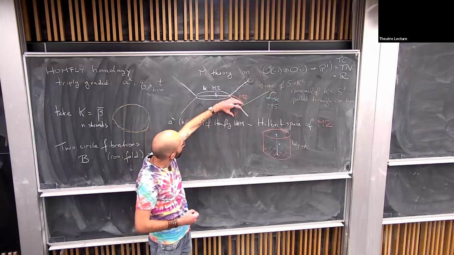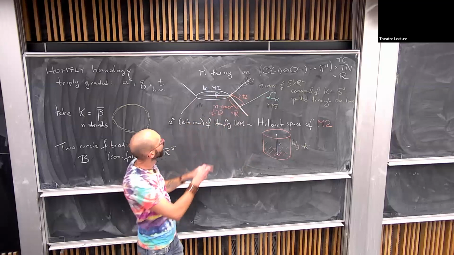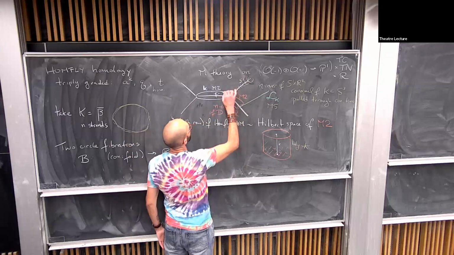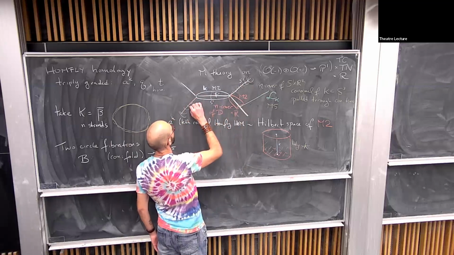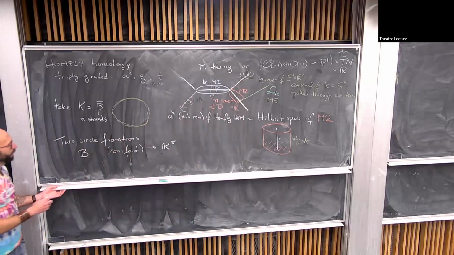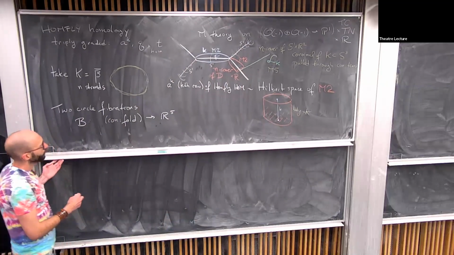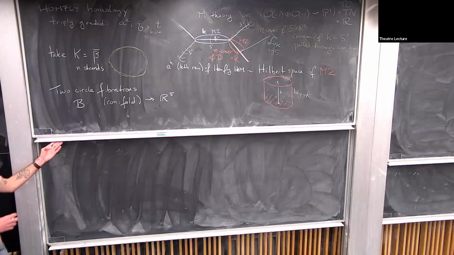The disk M2s sit very close to one of these C fibers, and we're reducing along the other one, around the P1. This gives rise to a three-dimensional B model, or the B twist of a 3D gauge theory.